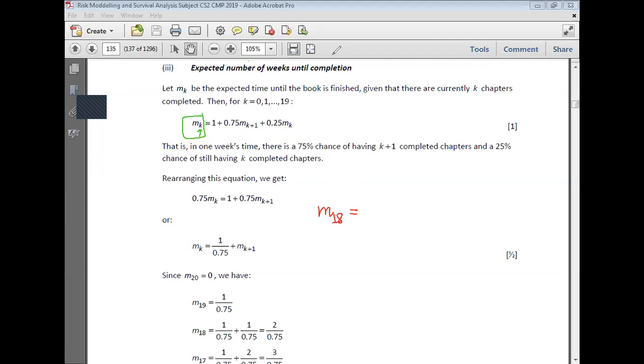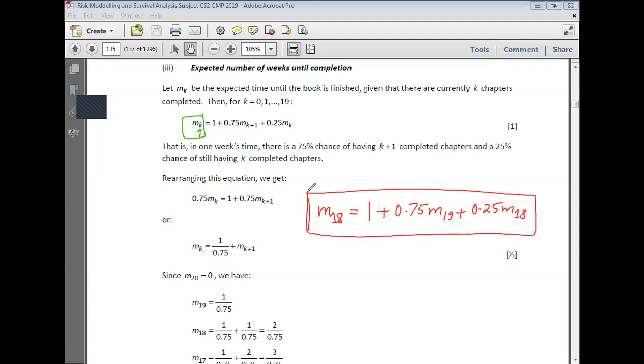Let me write this equation again here. If I'm looking at K equals 18, then I will have 0.75 M19 plus 0.25 M18. If you were to interpret this equation, what will you say?